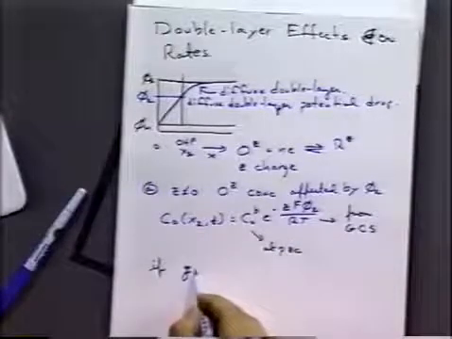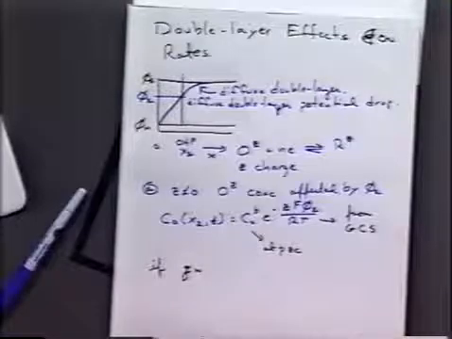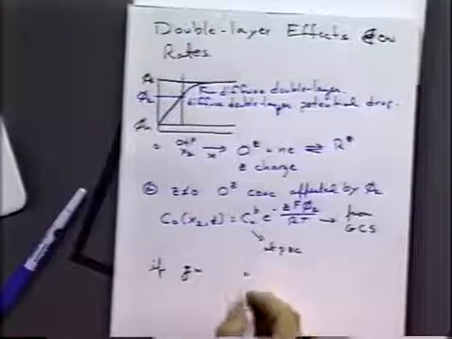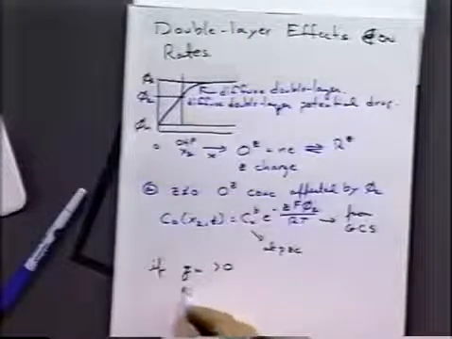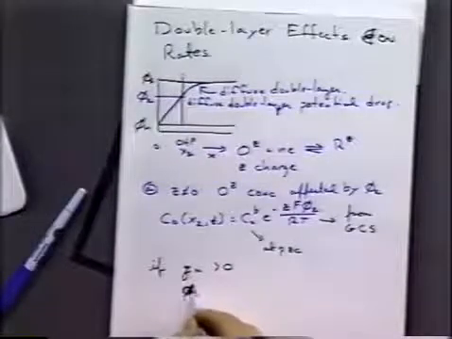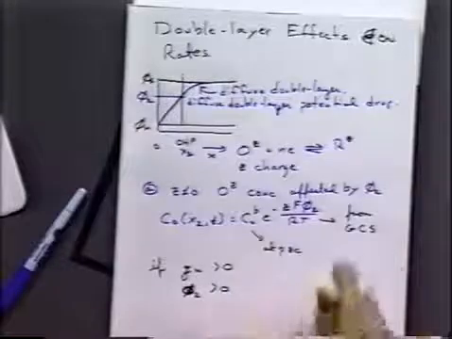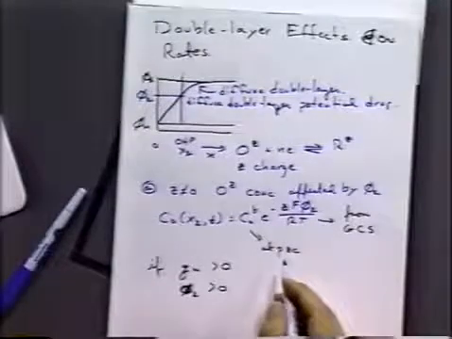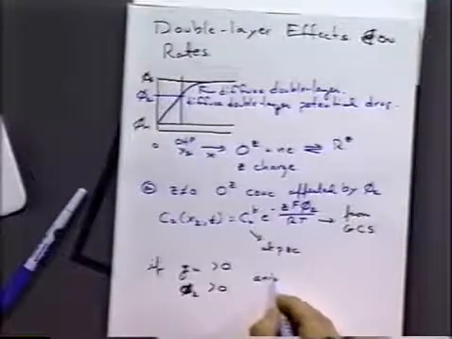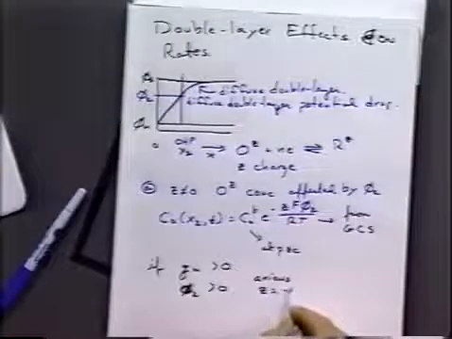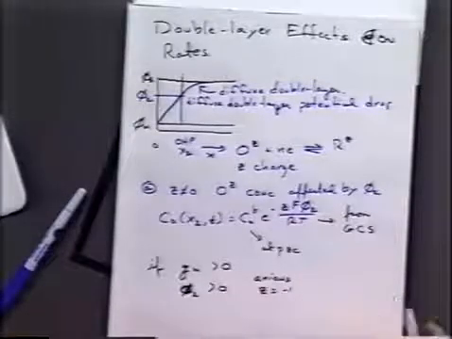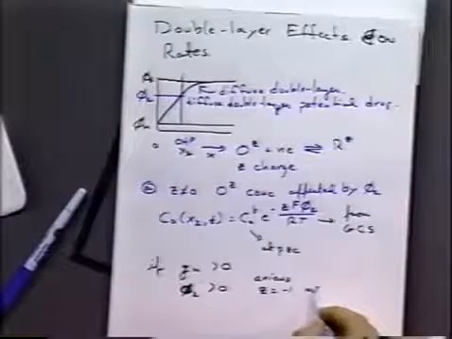Now, if the charge on the metal is greater than 0, phi 2 is greater than 0, and anions, for z equals -1, for example, are going to tend to migrate to the surface.